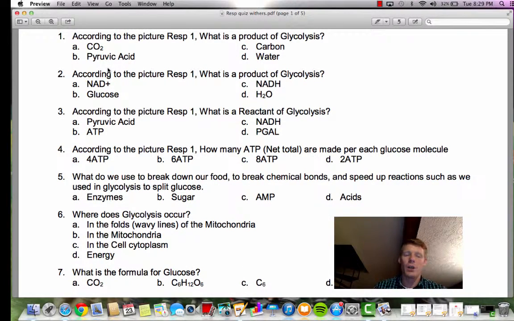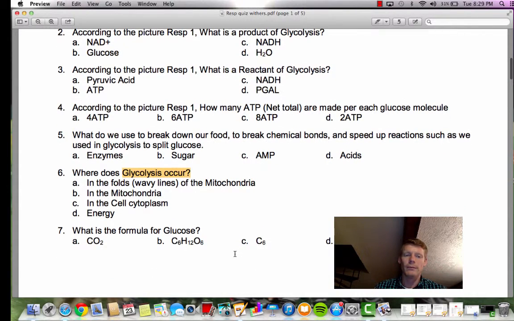6. Where does glycolysis occur? A. In the folds, wavy lines of the mitochondria. B. In the mitochondria. C. In the cell cytoplasm. Or D. Energy. So where does glycolysis occur? Question 7.